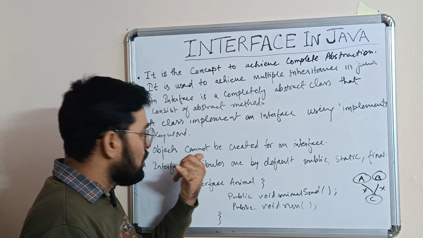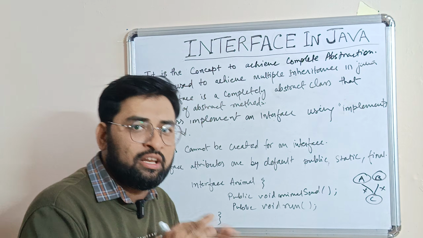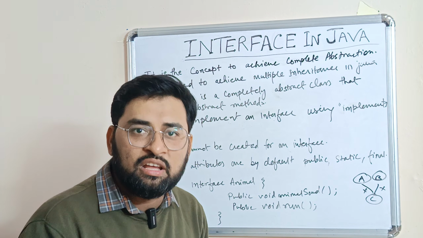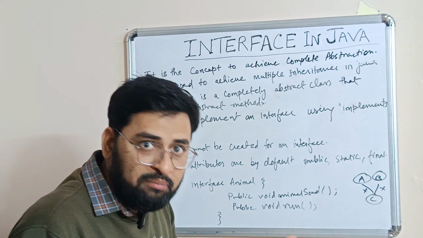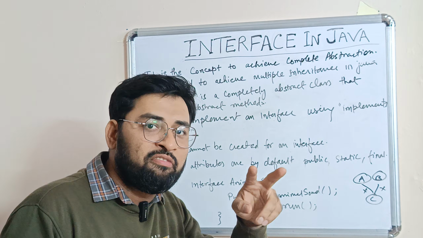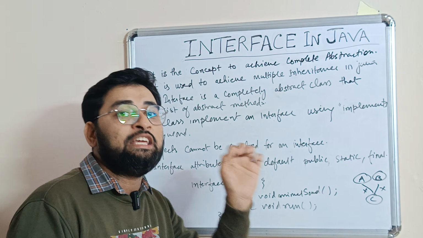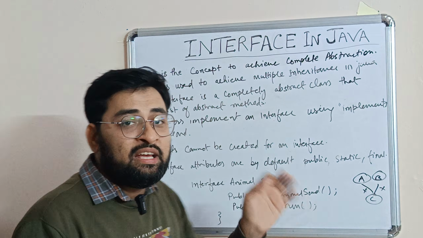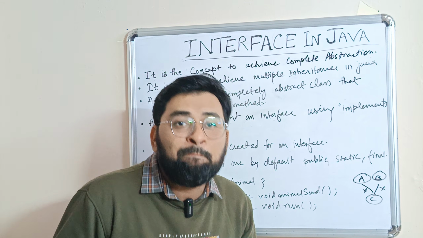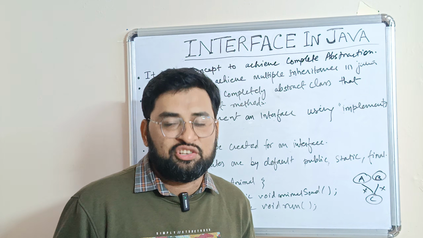Fine. The first point: an interface does not have objects. A class can be implemented from that interface which you have created, by using the implements keyword. Now, an interface gives you complete abstraction.